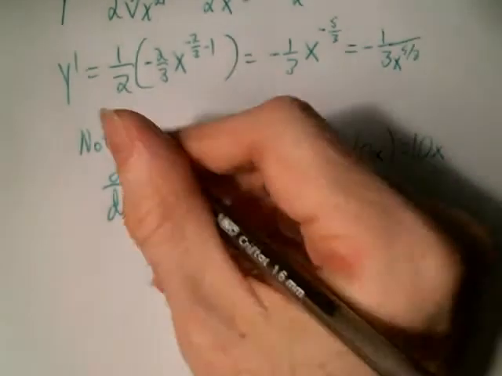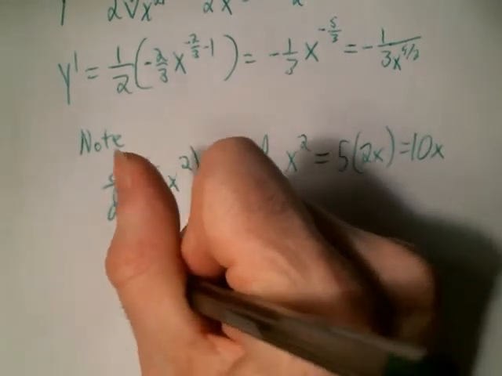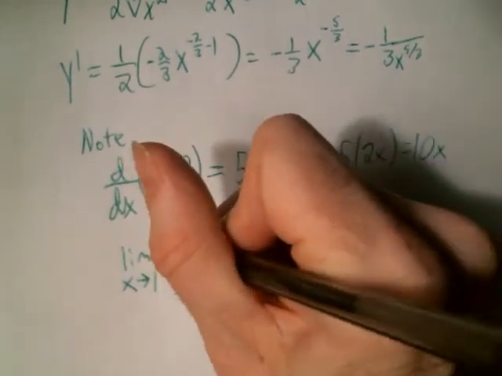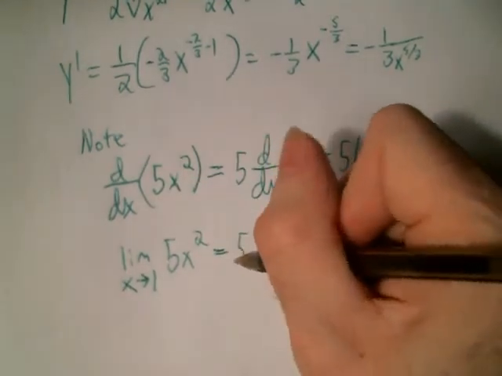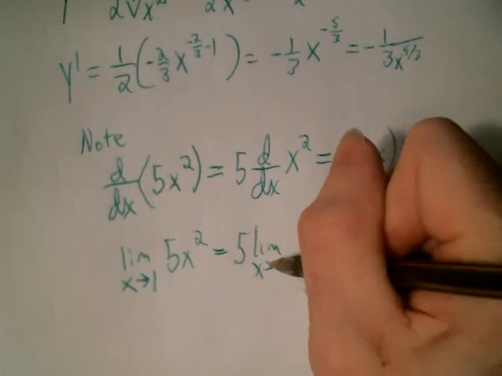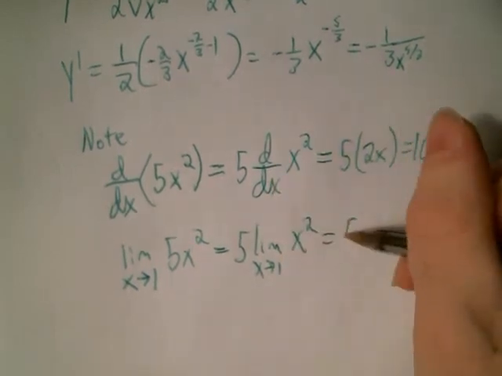And that follows from the fact that the limit laws work that way. If you remember, the limit as x goes to 1 of 5x squared you could rewrite as 5 times the limit as x goes to 1 of x squared, and then substitute. So it'd be 5 times 1.